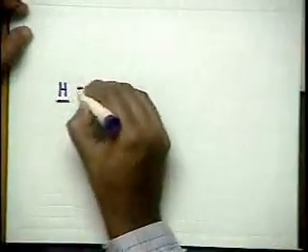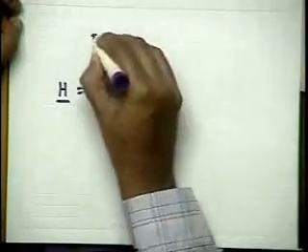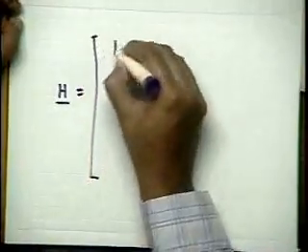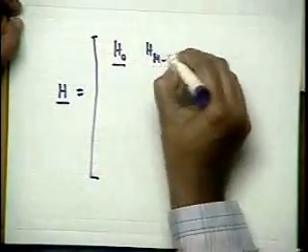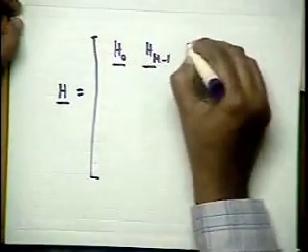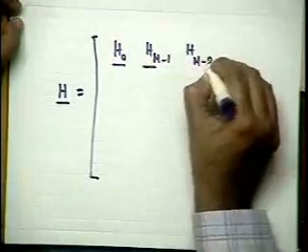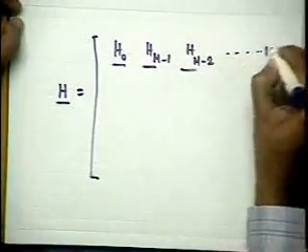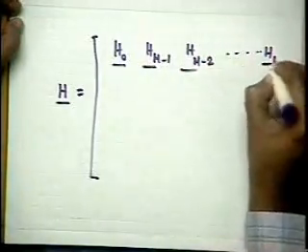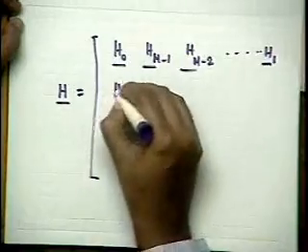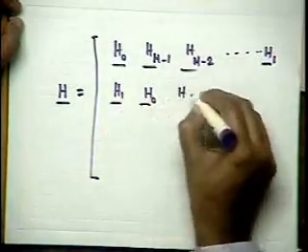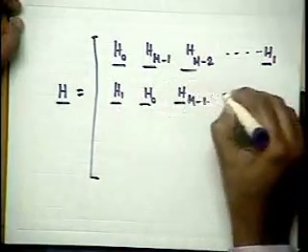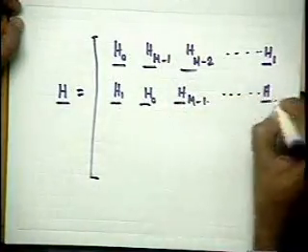The capital H matrix in two dimensions is being written as H0, Hm minus 1, Hm minus 2, etc., up to H1. The next row is H1, H0, Hm minus 1, etc., H2.